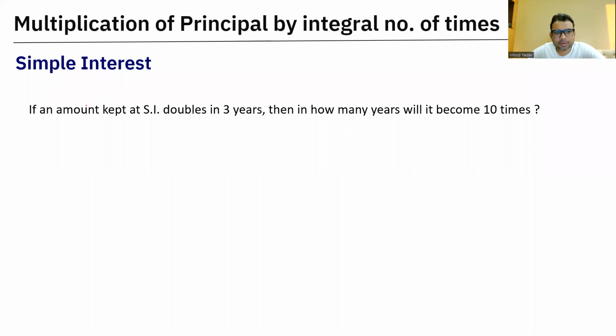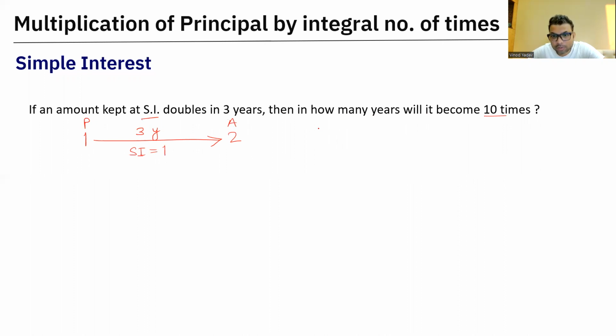Now see the example. If an amount kept at SI doubles in 3 years, then in how many years will it become 10 times? Simple logic. Doubles in 3 years means if you keep 1 rupee, it became 2 rupees in 3 years. So this was your principal, this is your amount. So what is the simple interest earned? 2 minus 1, that is 1 rupee.